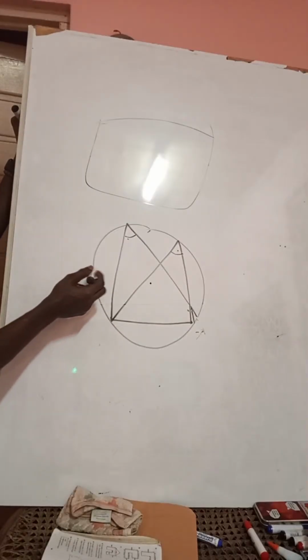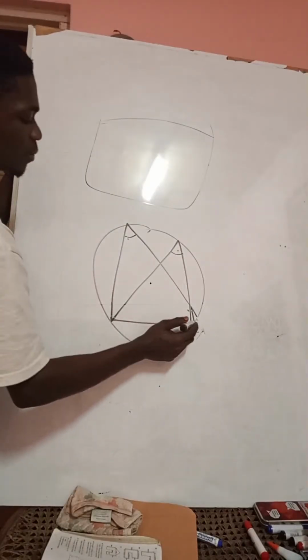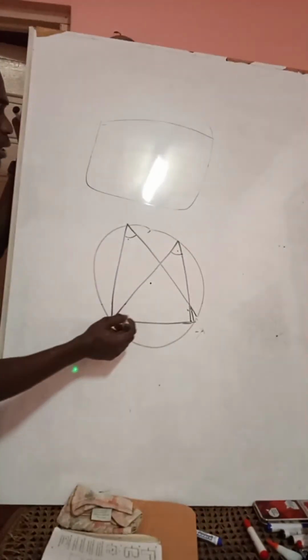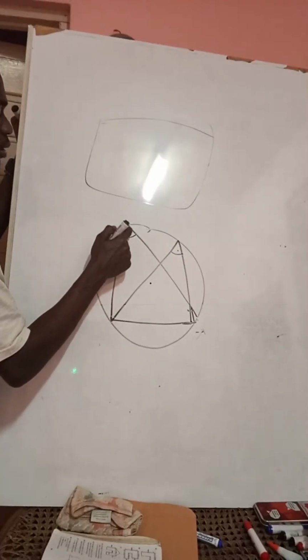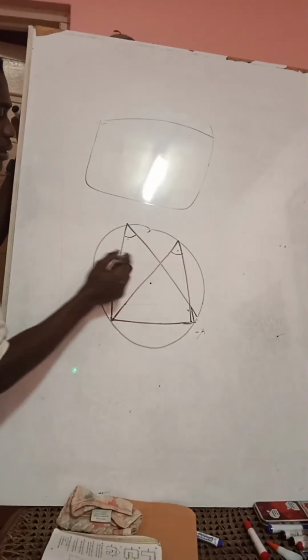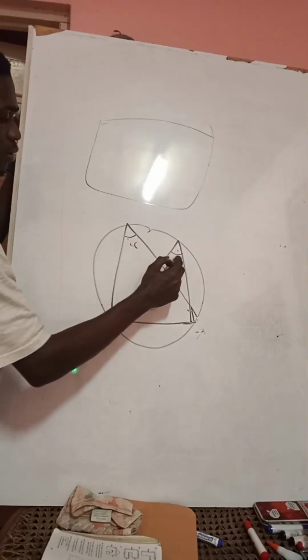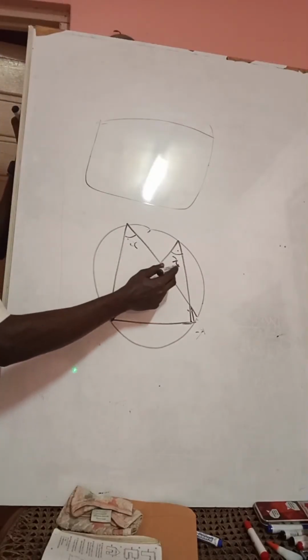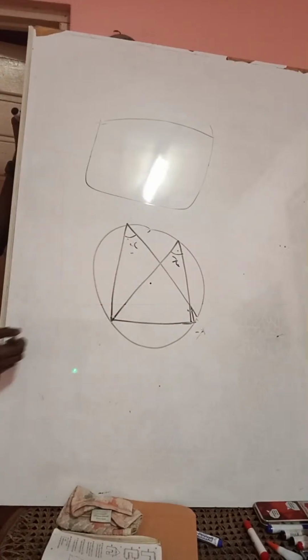They are equal. So when two triangles are on the same chord, the angle between this side and this side is the same. If here is x, here is also x. If here is 60, here is also 60.